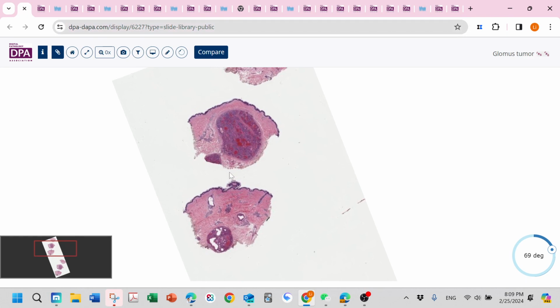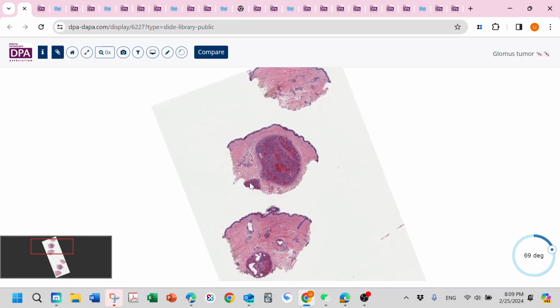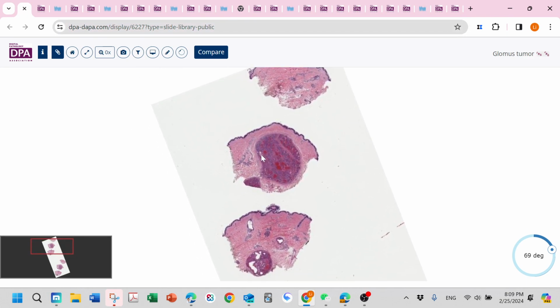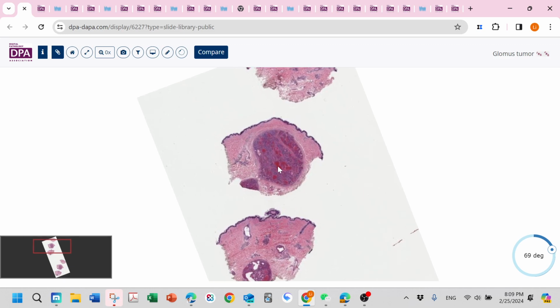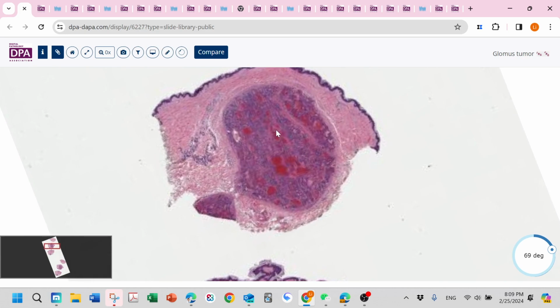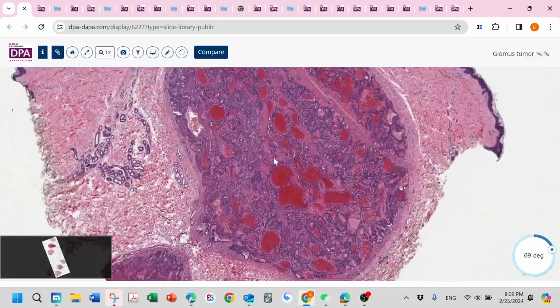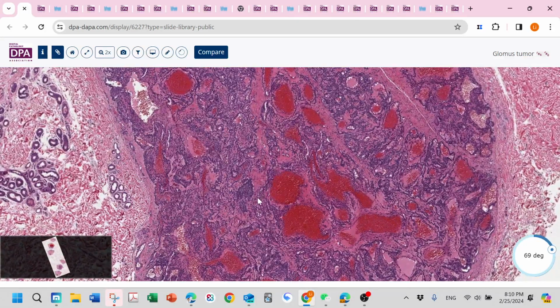This is another example of Glomus tumor. Again, we know that it's a well-demarcated lesion, and even in low power, we know there are a lot of blood vessels inside. We can even see some red blood cells. And then the other component is the Glomus cell. They look really monotonous, round.